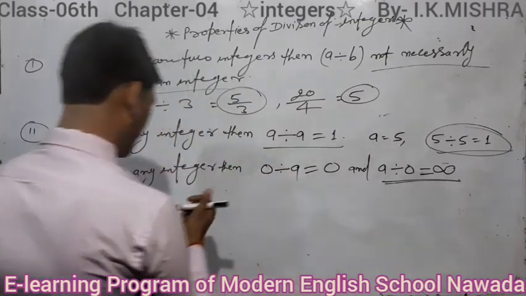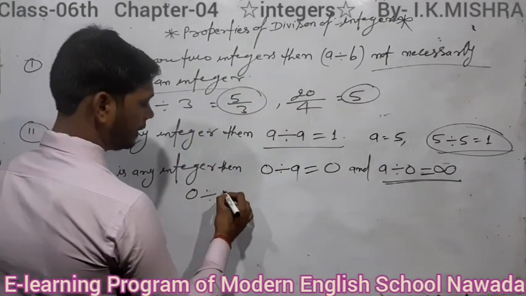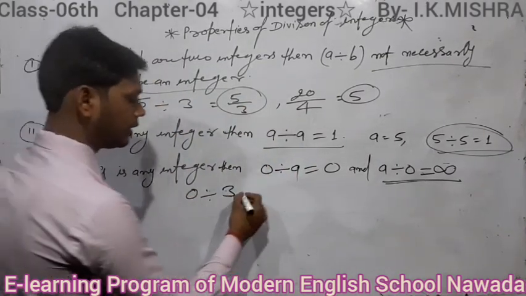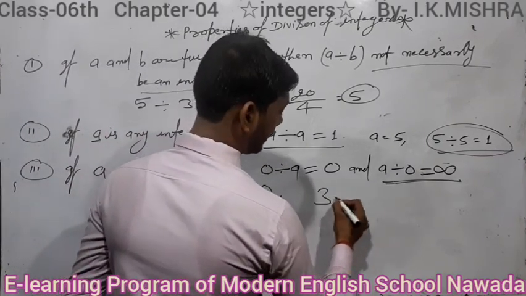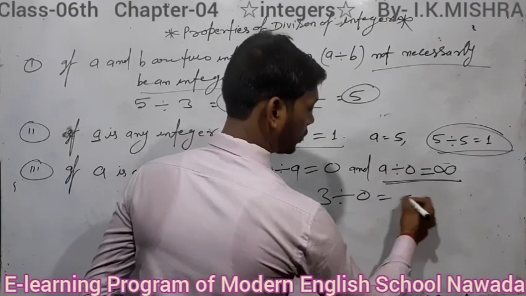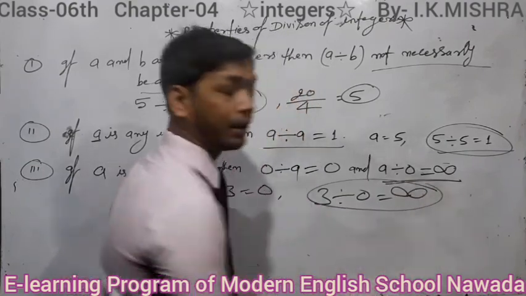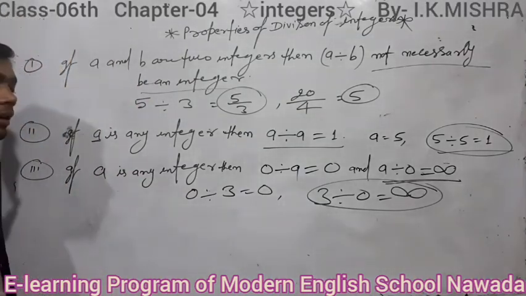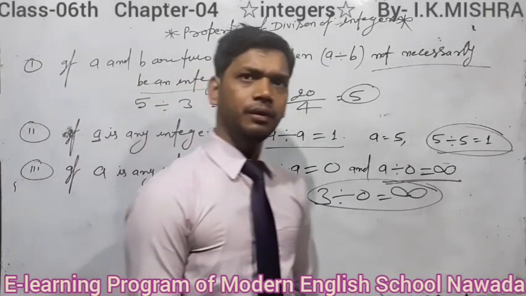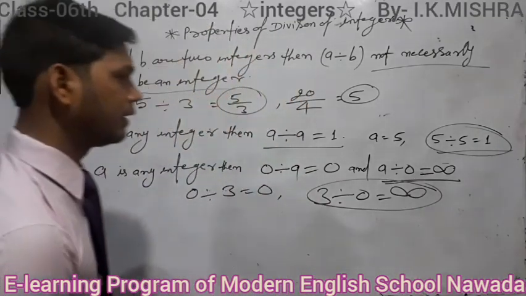Students, suppose 0 divided by 3. 3 is an integer, so the result is 0. But 3 divided by 0 is undefined. Always be careful, students.